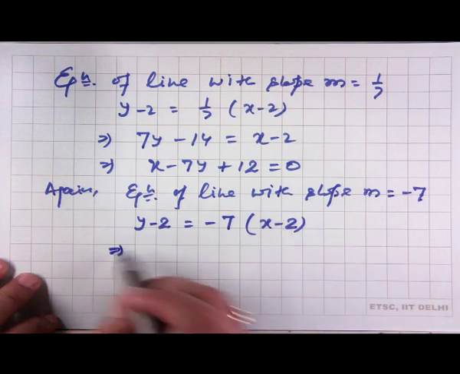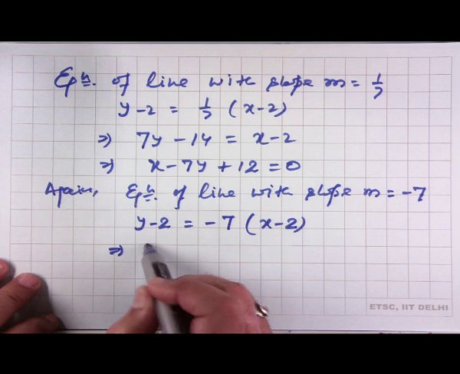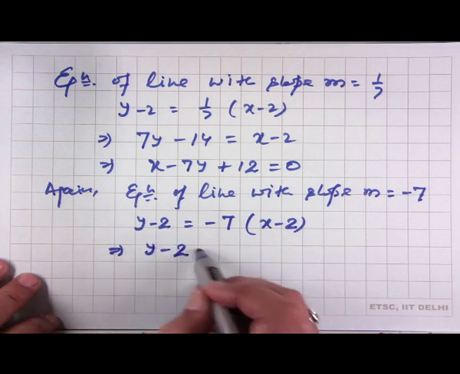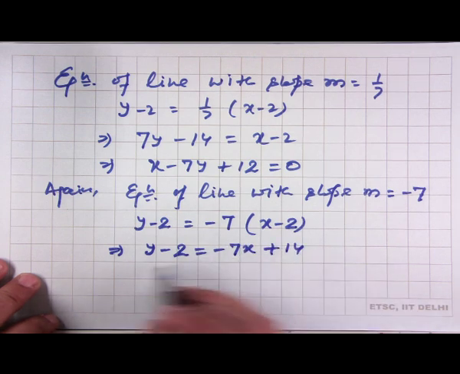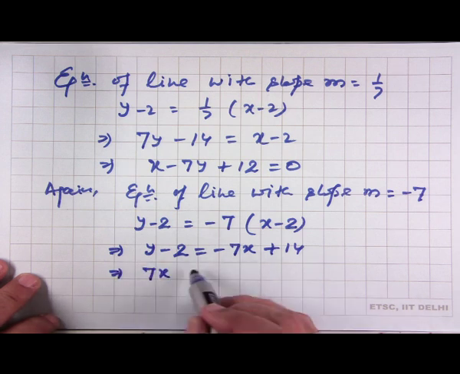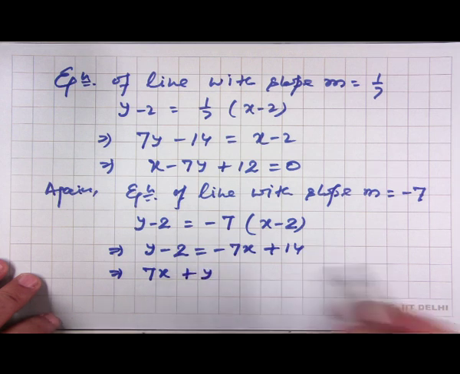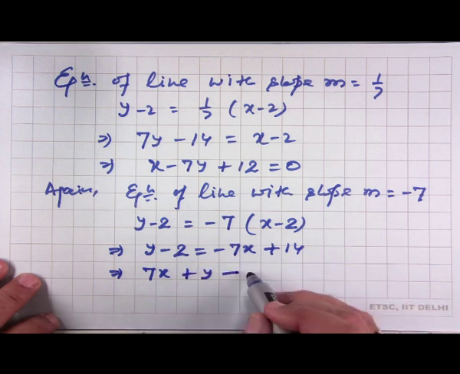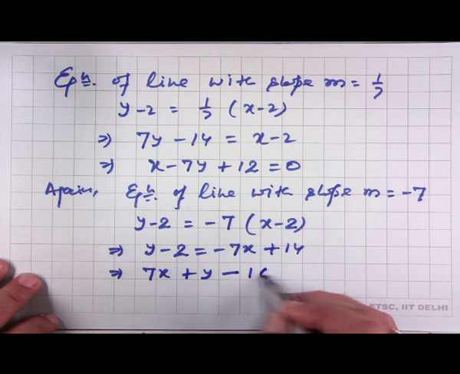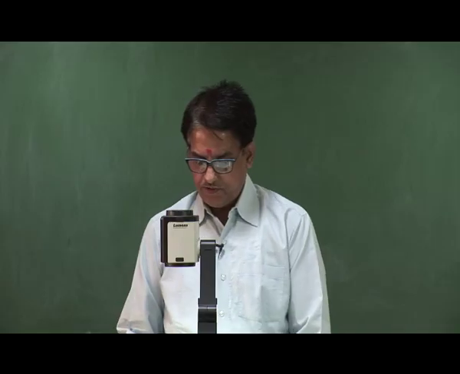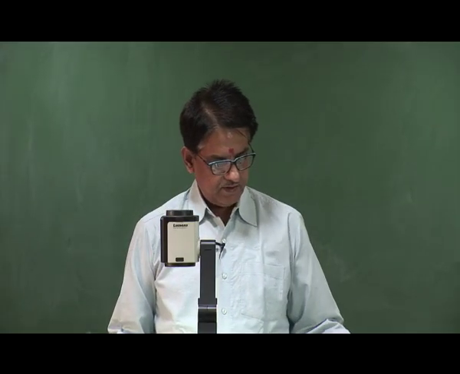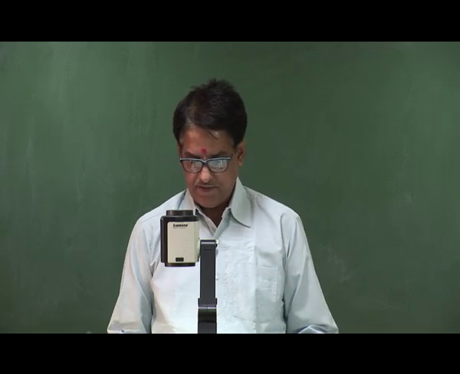This implies y minus 2 is equal to minus 7x plus 14. So 7x plus y minus 16 equal to 0. So these are the two equations of the lines, that is, we have AC and AB.